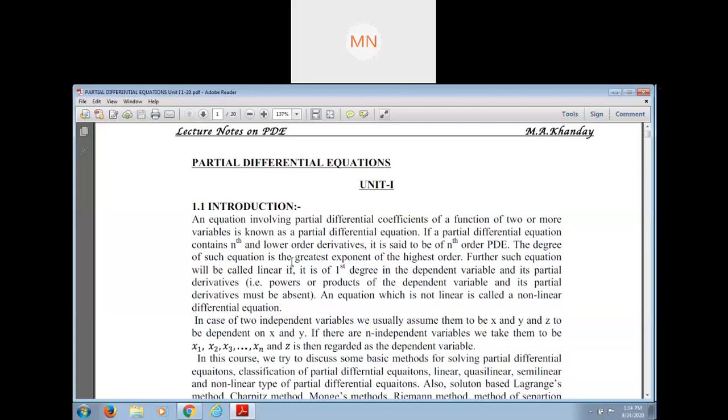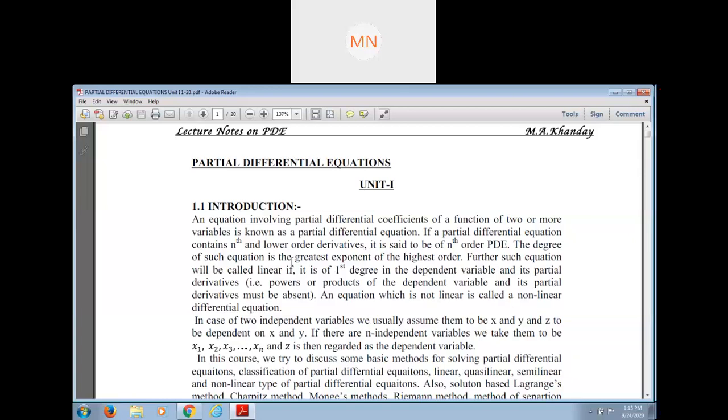In case of ordinary differential equation, you studied linear differential equation, homogeneous and non-homogeneous. All the types, I think all of you know. But in partial differential equation, the definition is the same, but here we consider partial differential coefficient, that is, we differentiate partially. If we differentiate with respect to x, then y is treated as constant.